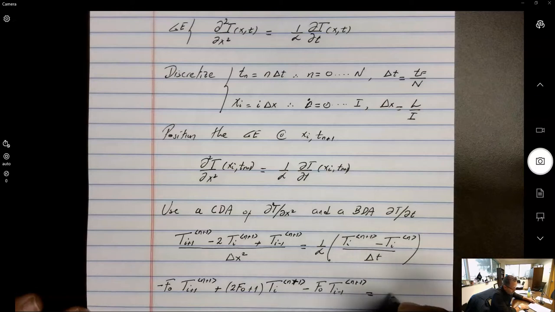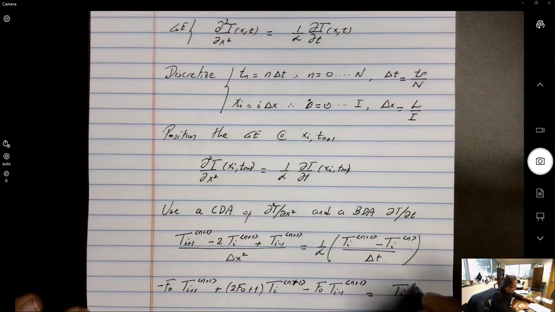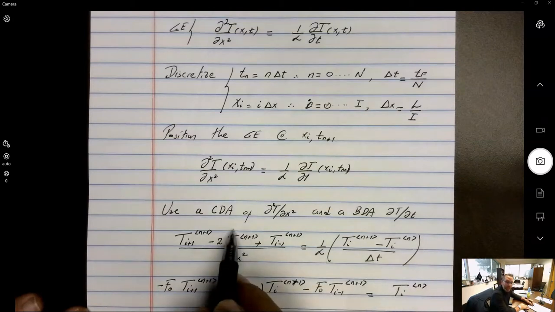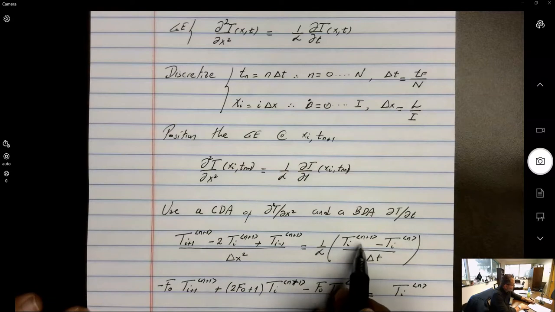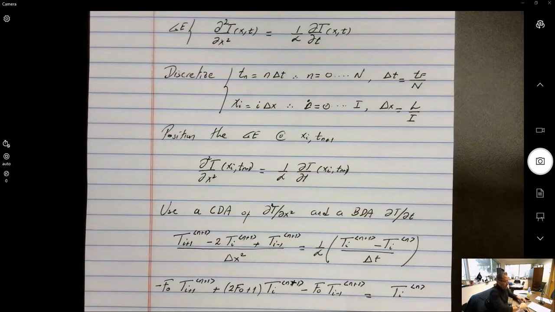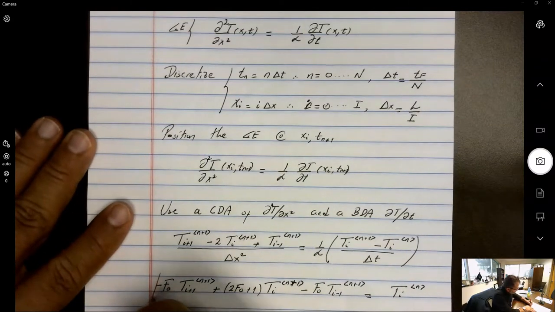And on the right-hand side, we simply have T_i at n. So as you can see, we send the delta t and the alpha to the left-hand side, flip the signs, send the T_i at n plus 1 to the left-hand side, and ended up with this expression.